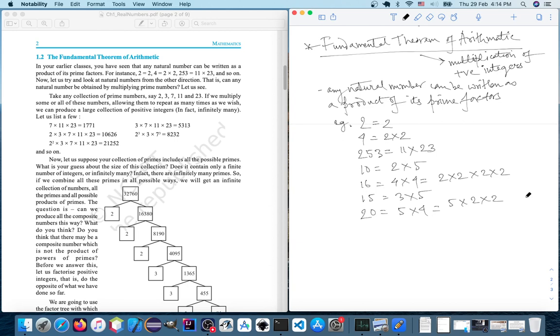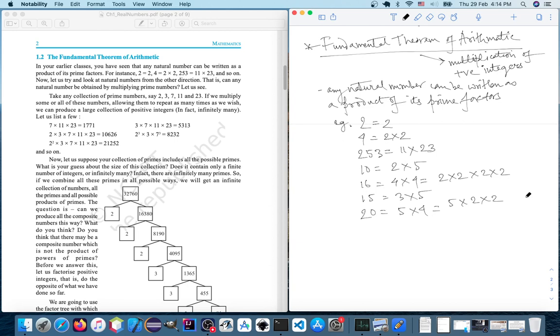Now it says, let us try and look at natural numbers from the other direction. That is, can any natural number be obtained by multiplying prime numbers? We know that given a natural number, we can write it as a product of its prime factors.